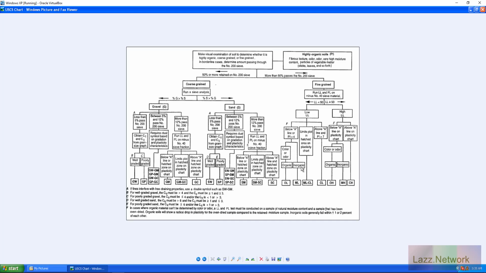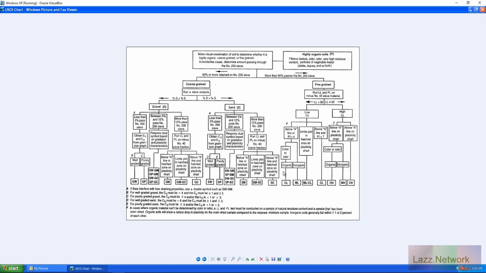The thing is, usually with soils that have organics in them, even if they're considered plastic, they usually have a low plastic index of some sort, or plot low on the chart that I showed before.